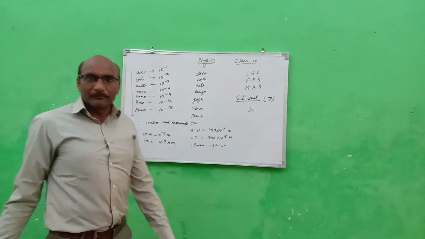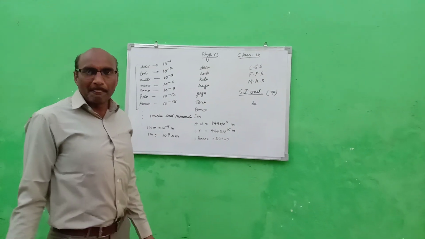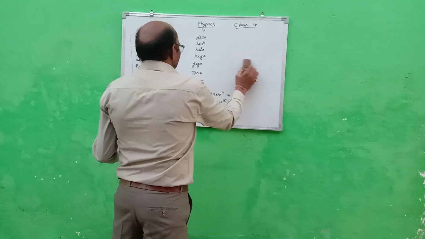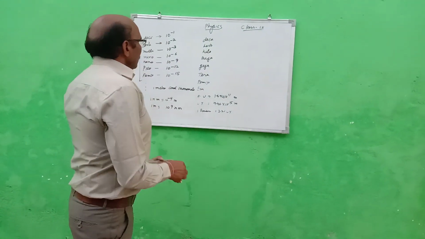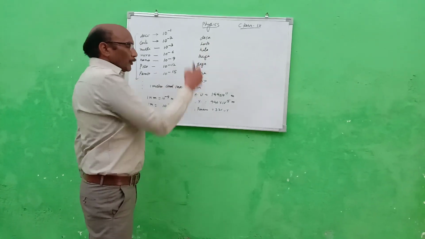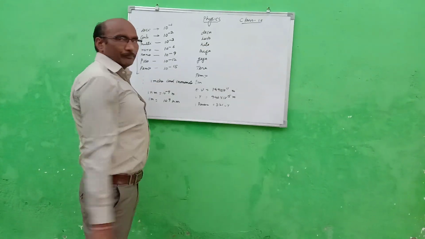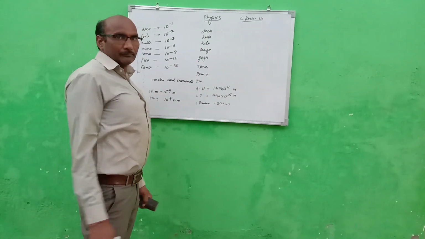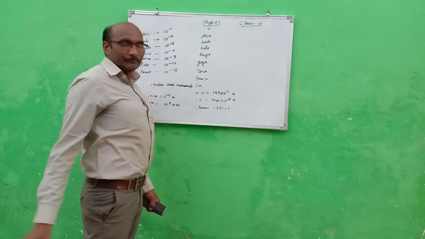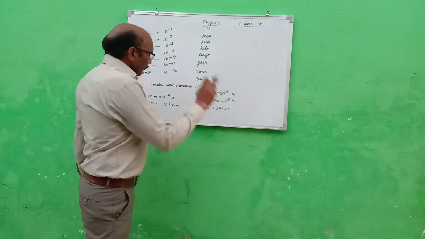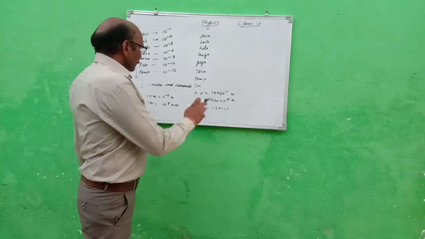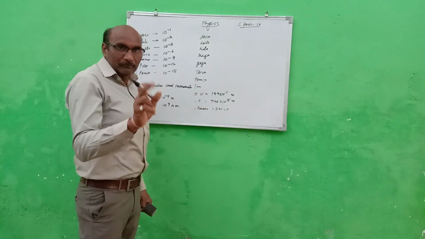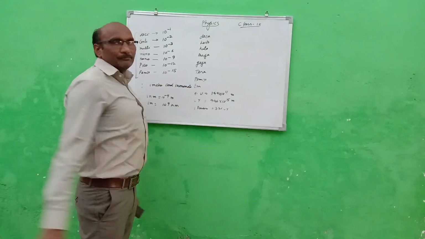Let's come to some bigger units, and the units are deca, hecto, kilo, mega, giga, tera, peta, and exa. Please don't confuse these: this is femto, this is peta, and this is exa.